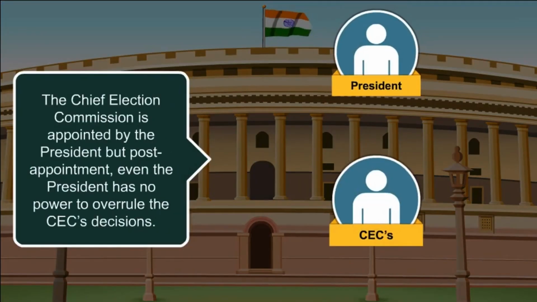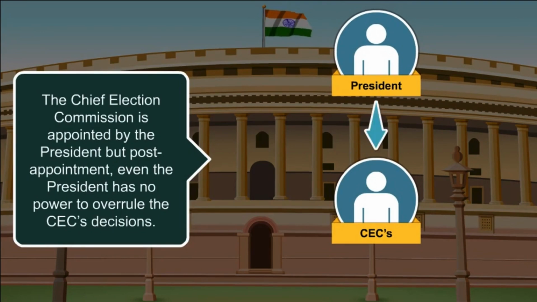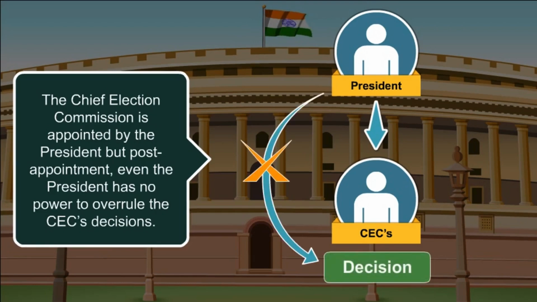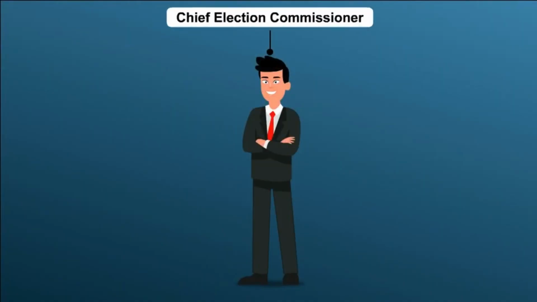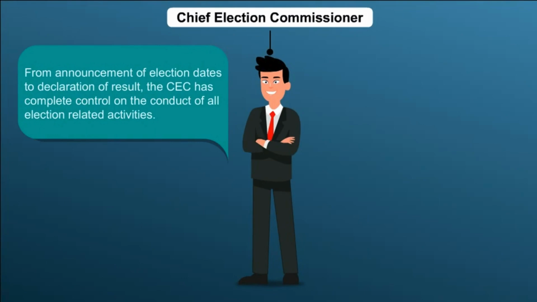The Chief Election Commissioner is appointed by the President, but post-appointment, even the President has no power to overrule the CEC's decisions. The powers of the CEC include: from announcement of the election dates to declaration of result, the CEC has complete control on the conduct of all election-related activities.